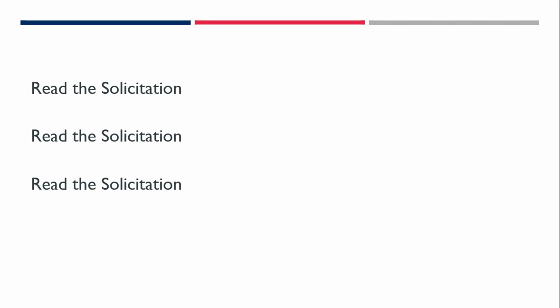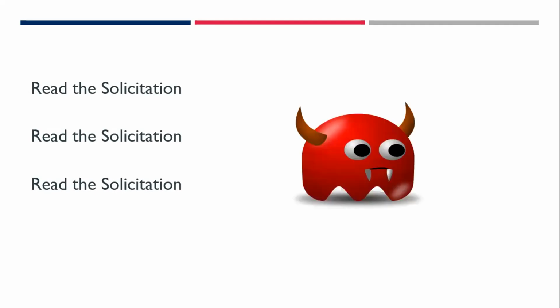Solicitations are really very complex, and you really need to sit down and read a solicitation. I tell clients, do it with a yellow magic marker and highlight the important points so that you do not miss something important, because the devil is in the details.